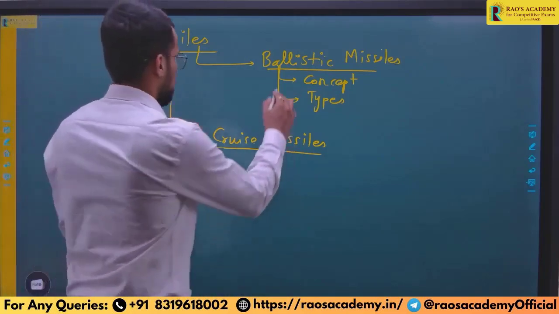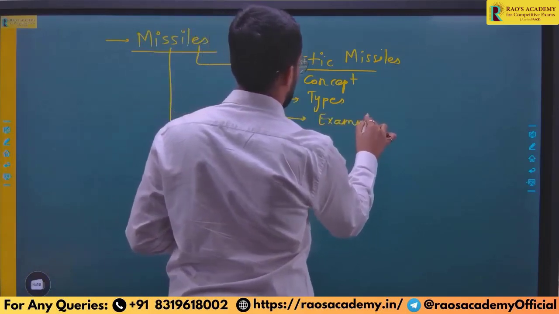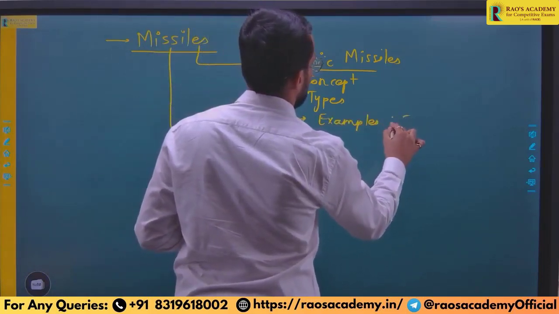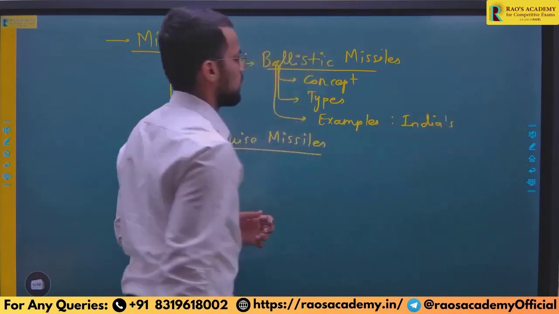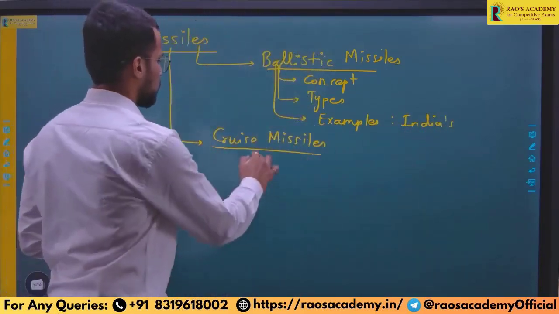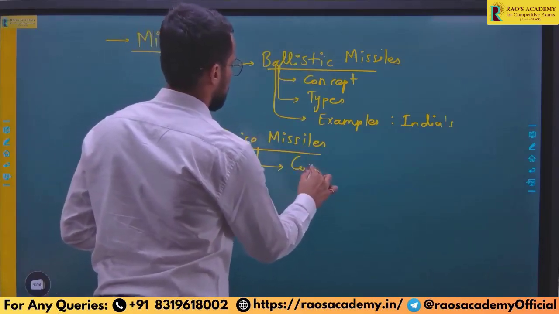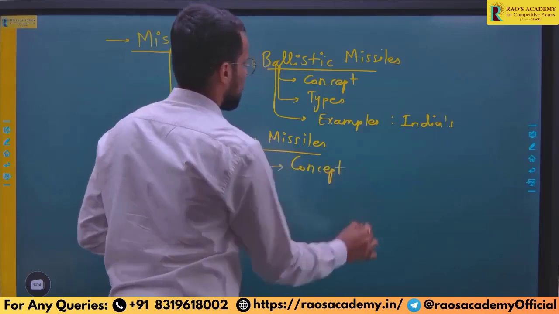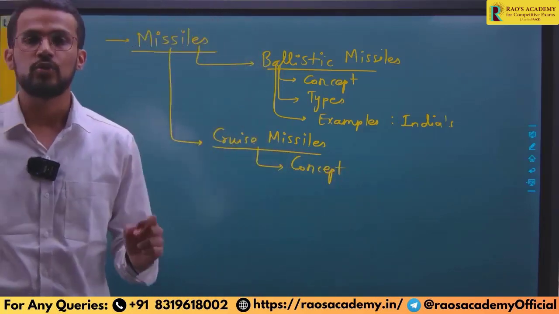Right? Then examples, especially Indian examples. They are important, right? And the same kind of approach you should follow for cruise missiles. Conceptual clarity. What exactly are cruise missiles? Cruise missiles are low altitude missiles.